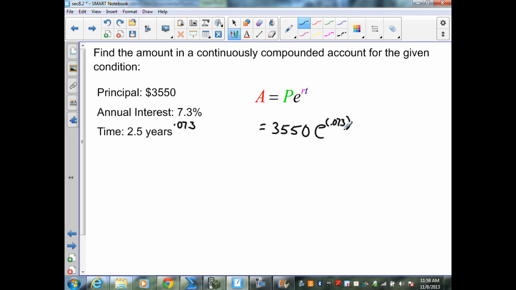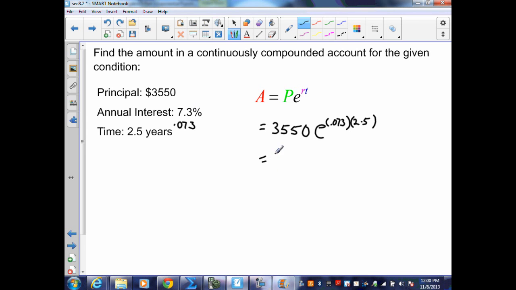And times that by the number of years that it's going to be in the account, which is 2.5 years in this situation. Now all we're going to do is plug this into a calculator, and then we'll determine the amount that is in our account after this given time period with this much invested with that interest rate.